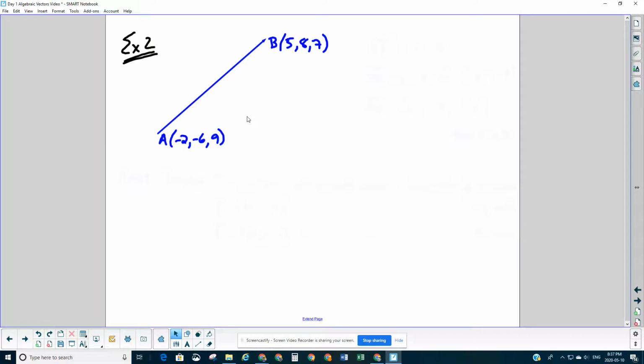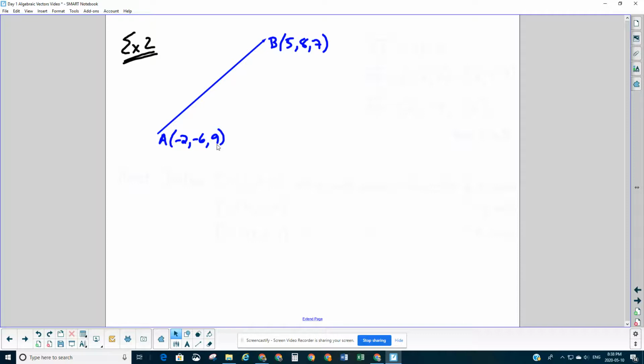Okay? So here you can tell we're in 3 dimensions because I've got this third coordinate. And you can imagine what that third coordinate is. If this is an x and a y, this is called z. And the z coordinate is coming out of the page. So you can imagine that if you had your Cartesian plane x and y sitting right there, the z axis comes straight out of the page.